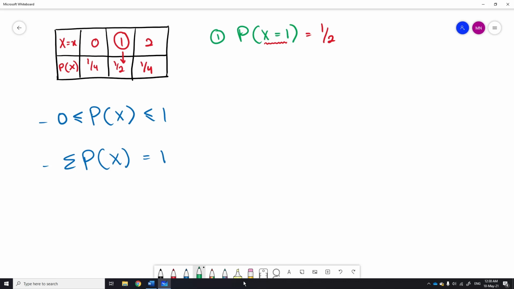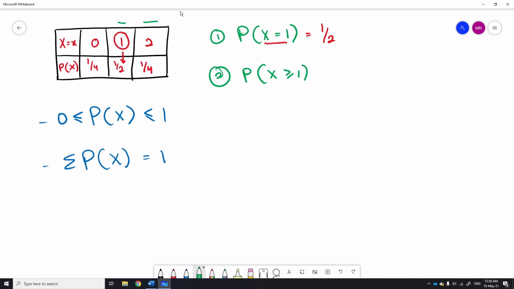Question number 2: the probability of x bigger than or equal to 1. It wants the probability for the random variable equal to 1 and bigger than 1. We refer to our table, and we only have 1 and 2.